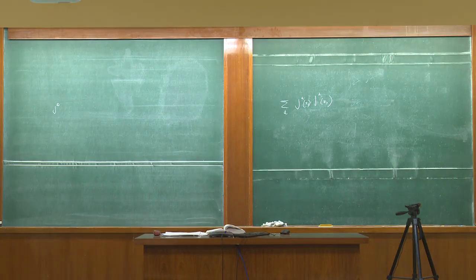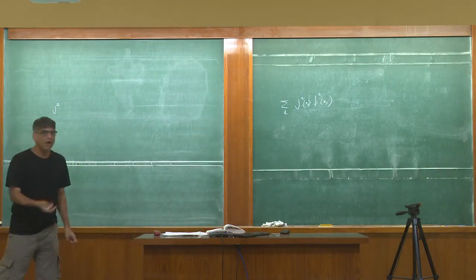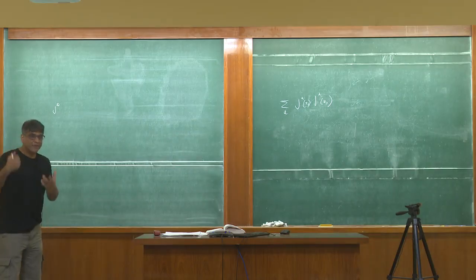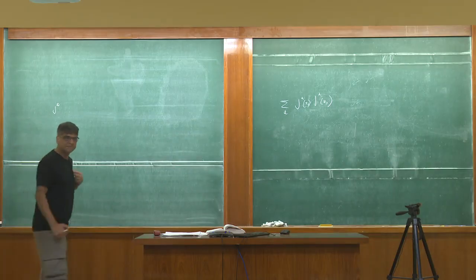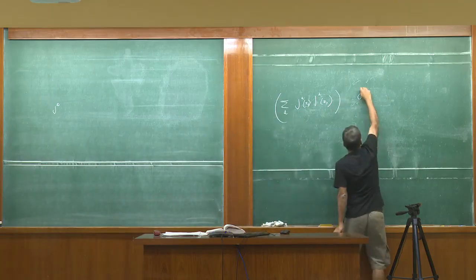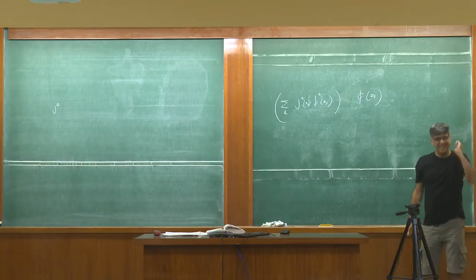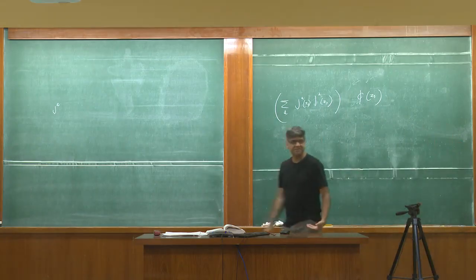And you remember also from SU2 that it was a little delicate to understand the OPE of this object with, let's say, a primary operator. So consider a primary operator phi at z3.